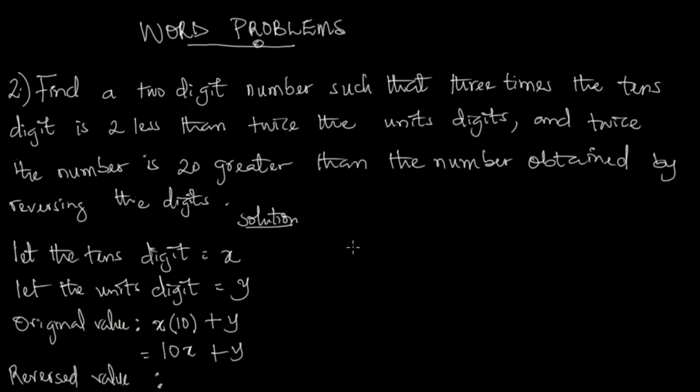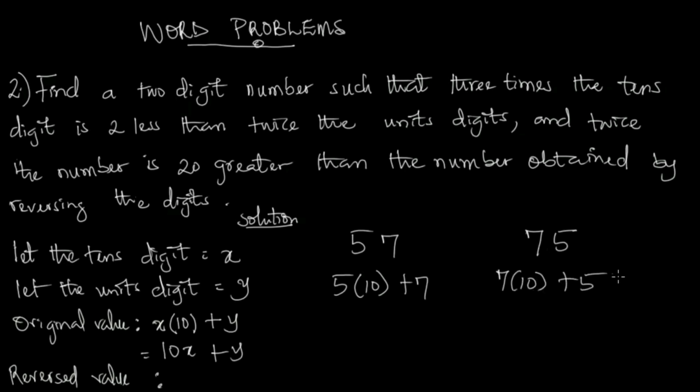as I said, if we have 57, that will be 5 times 10 plus 7. And then when we reverse it, we're going to have 75. So 7 becomes the 10th digit. So we're going to have 7 times 10 plus 5.